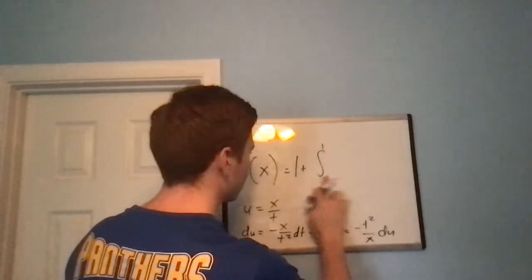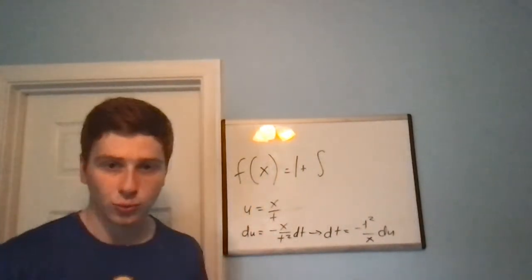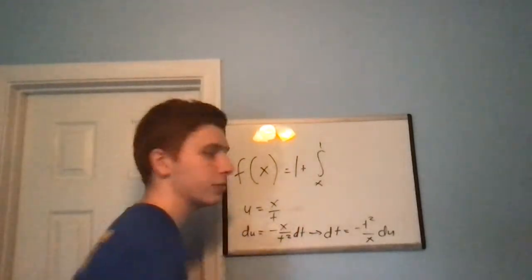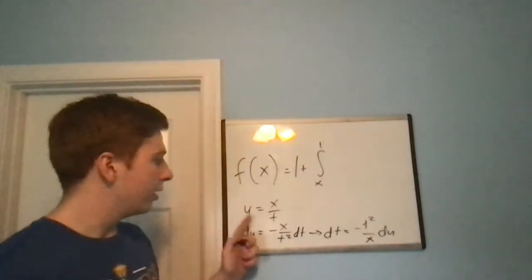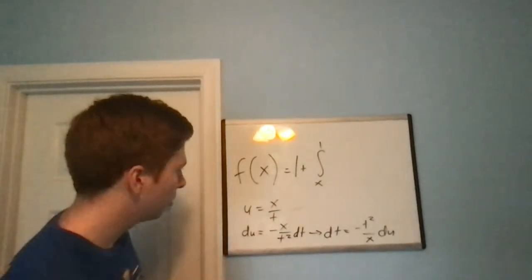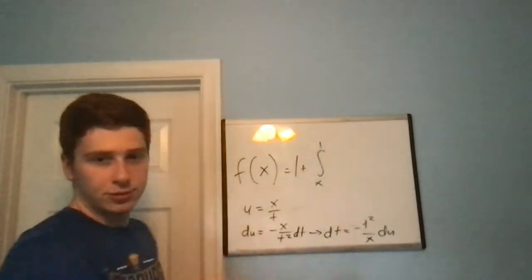Now, let's go ahead and change the bounds, okay? So t is going from delta to, hold up. Oh, the bounds are from x to 1, right? Because we made the substitution. So t is going from x to 1, so u is going to go from 1 to x, okay?